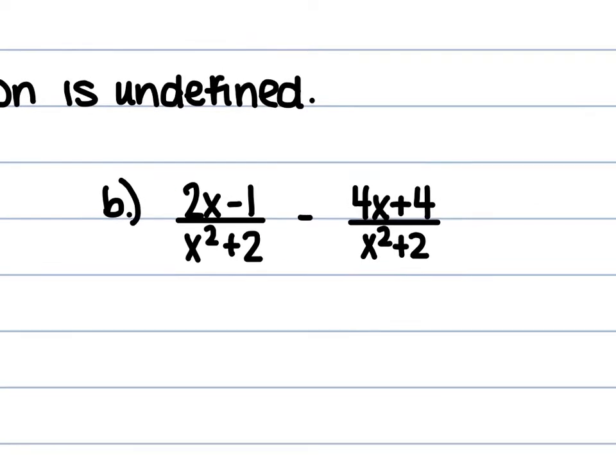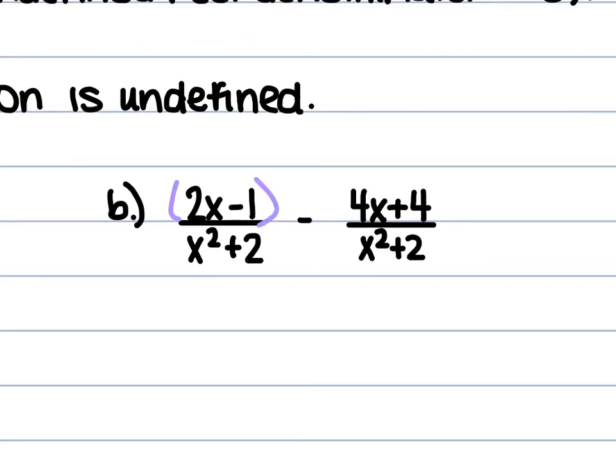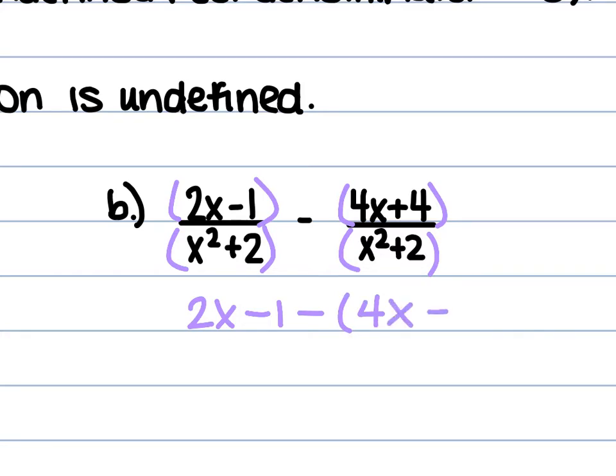If we look at B, we have 2x minus 1, put parentheses around it if it helps, over x squared plus 2, again, put parentheses around it if it helps, minus 4x plus 4 over x squared plus 2. So we're going to rewrite this to be 2x minus 1 minus, parentheses, 4x plus 4 all over x squared plus 2.